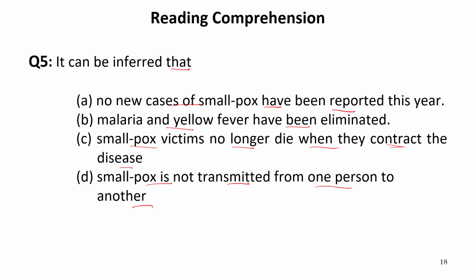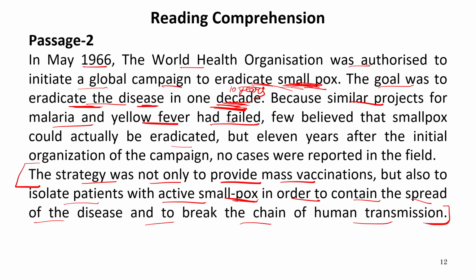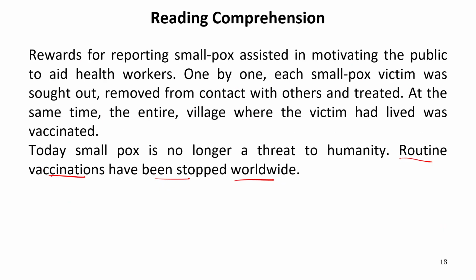No new cases of smallpox have been reported this year. This option 1 is not given in the passage. In fact, it is given that smallpox is no longer a threat to humanity. It means a person suffers from smallpox today as well, but it is not a threat at all.